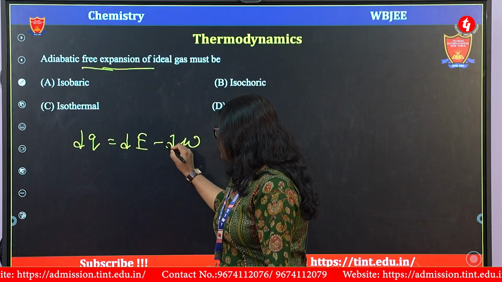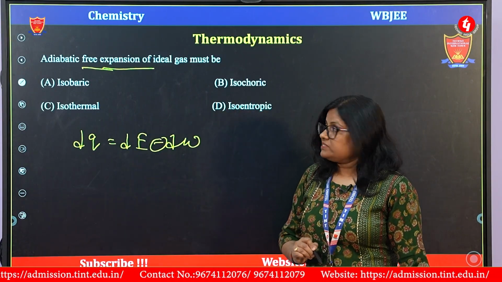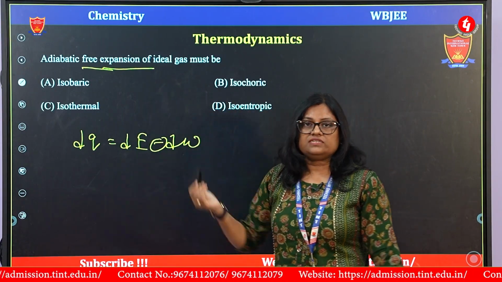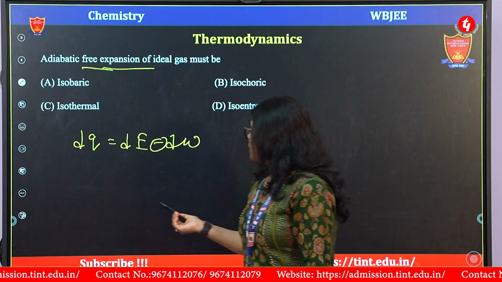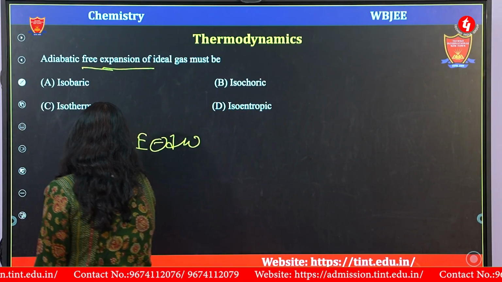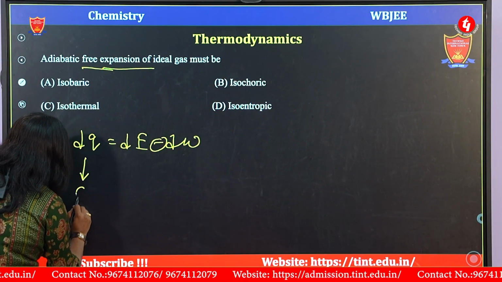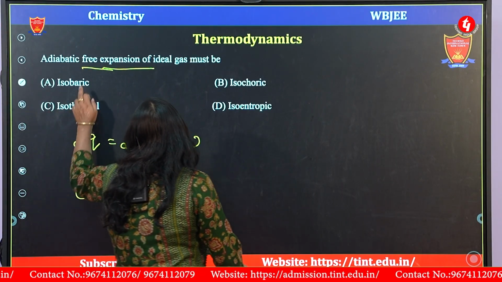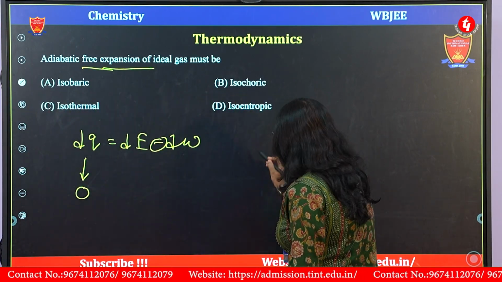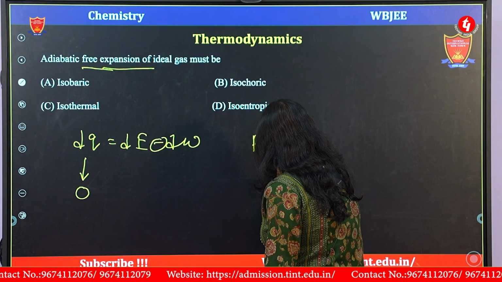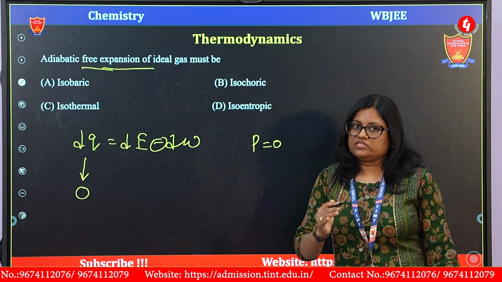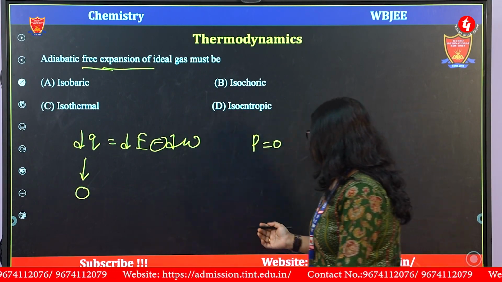The minus sign we use to denote work done by the system, as it is expansion, it is work done by the system. Now, the process is adiabatic, so dq is equal to 0. Free expansion, so pressure P is equal to 0, the expansion occurs against 0 pressure.